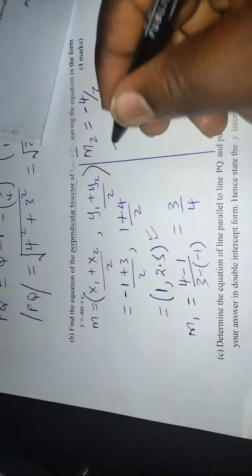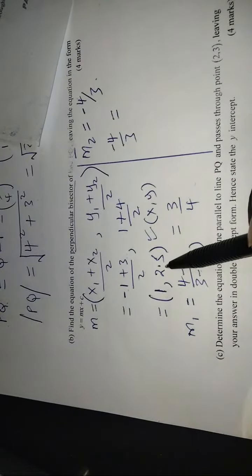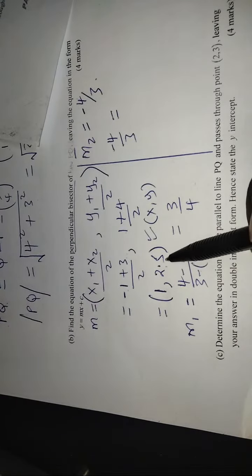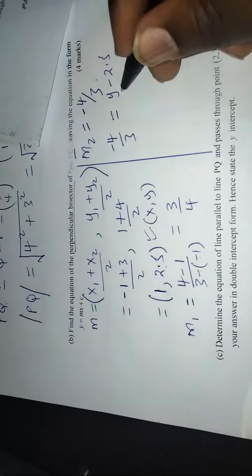Therefore, -4 out of 3 is given by, we let our coordinate (x, y), and the coordinate where the line passes, (1, 2.5). Therefore, we'll have y minus 2.5 out of x minus 1. We cross multiply. This will be 3y minus 2.5 by 3 gives us 7.5.